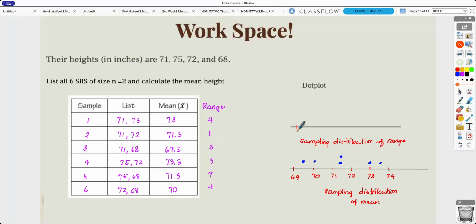So we can start with 1 and all the way up to 7. So 1, 2, 3, 4, 5, 6, 7. Okay. So for the first one, we have 4, and then 1, and then 3, another 3, and then 7, and then another 4.